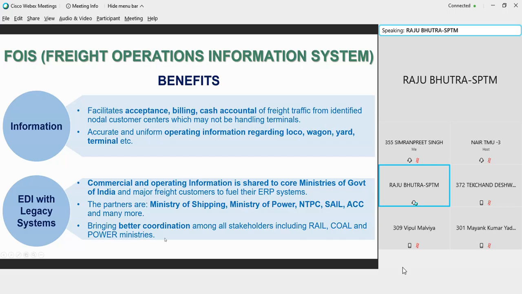So the information can be exchanged with the other ministries who are stakeholders in the freight transportation business, like the power ministry and the coal ministry. It can also be exchanged with PSUs like NTPC, SAIL, and the Ministry of Power and Ministry of Shipping. All the ministries and PSUs can exchange information using this software.